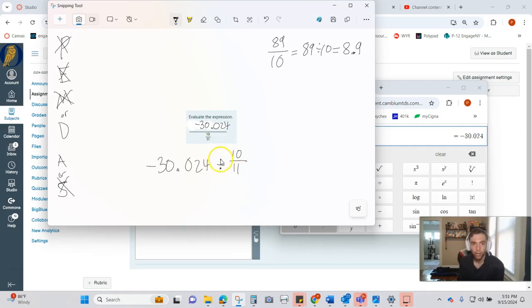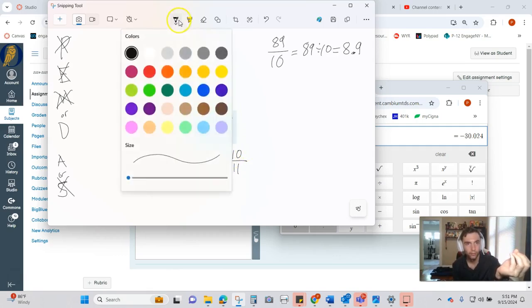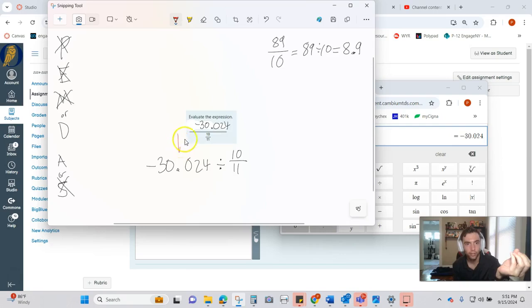Now, when we are dividing with fractions, like when you have a number divided by a fraction, there's something really awesome you can do to make it not dividing anymore. That super awesome thing is called keep, change, flip.